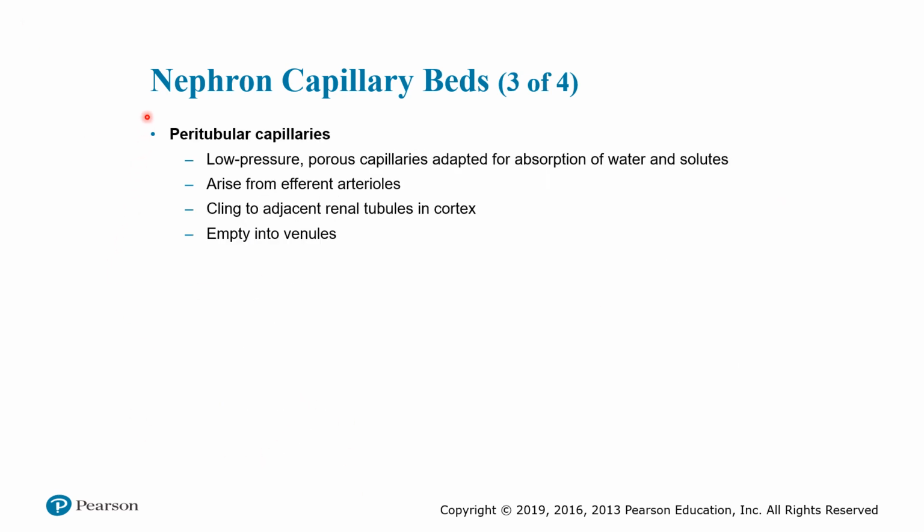Now our second bed is the peritubular capillaries. They come from the efferent arterioles. They are low pressure capillaries because their function is to reabsorb the water and the electrolytes from the filtrate. The glomerular capillaries are high pressure capillaries because it suits their function. They have to make the filtrate.